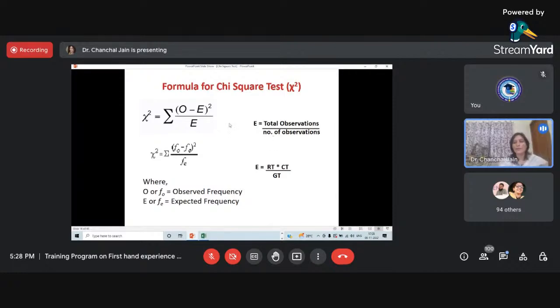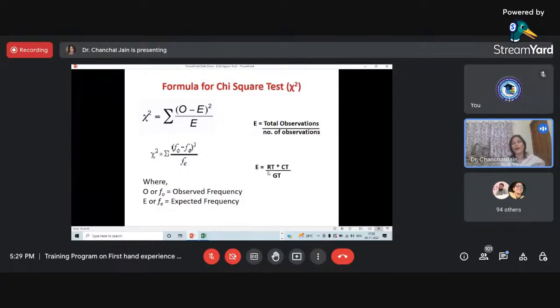You can see I have written two formulae for E. Why two different formulae? Because there are two types of chi-square test: one sample chi-square test and two sample chi-square test. Previously we have heard about one sample t-test and two sample t-test, but for chi-square also we have one sample and two sample tests.